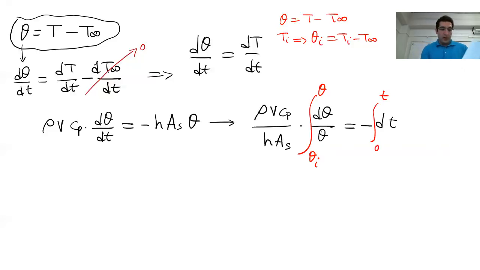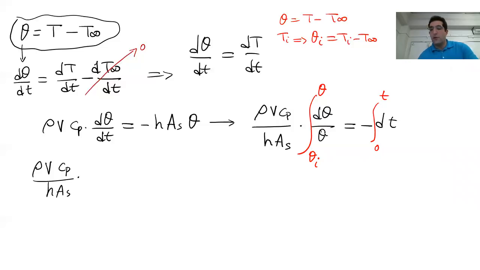Now, if I integrate both sides, I have rho V Cp over hAs as a constant, remaining as is.